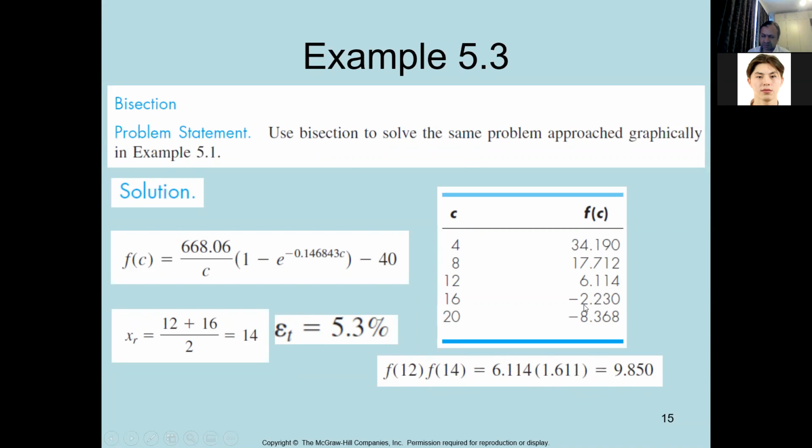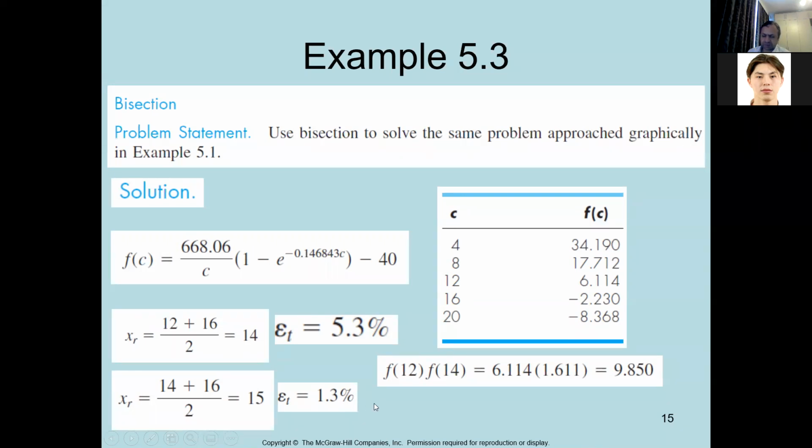So the next XR will be 14 plus 16 over 2, that is 15. For this 15, the true percentage error is now reduced to 1.3%.